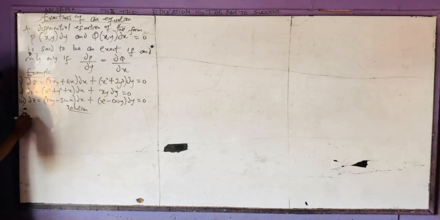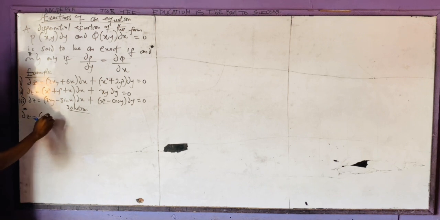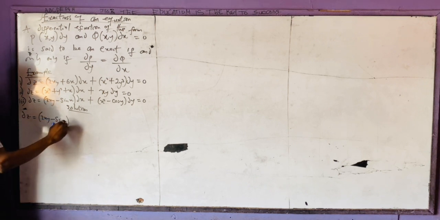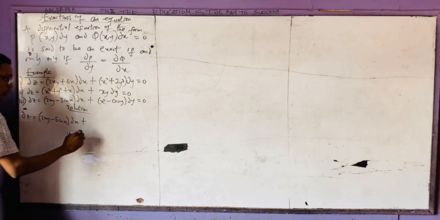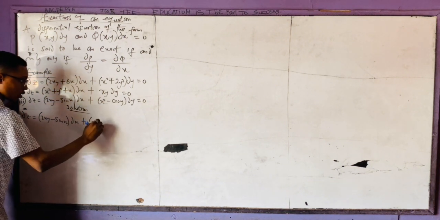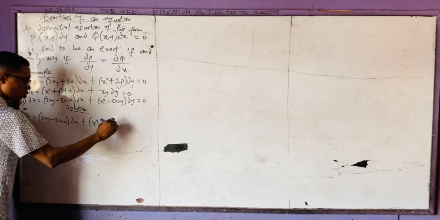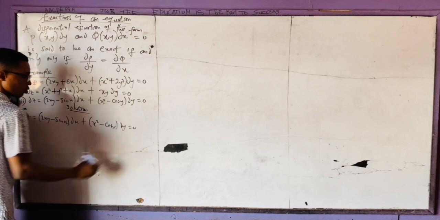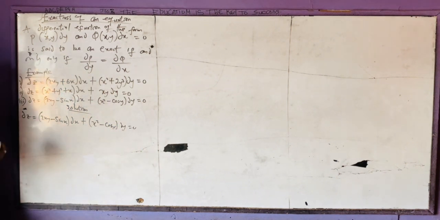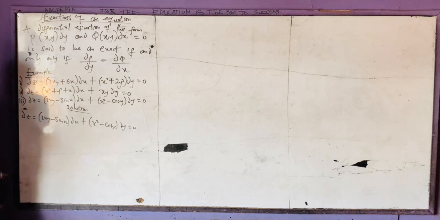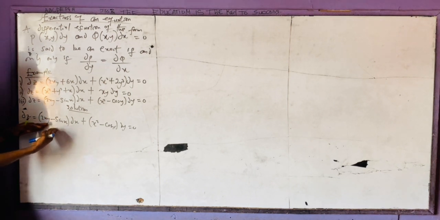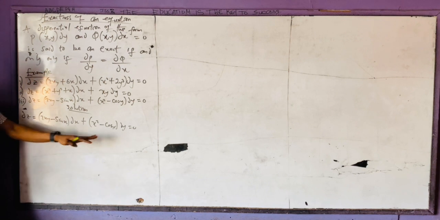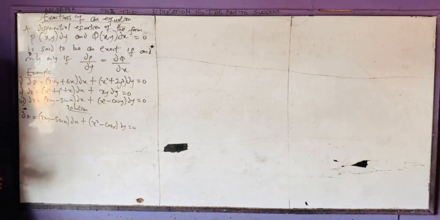So we have dz equals 2xy minus sine x dx plus x squared minus cos y dy equals 0. So we follow the normal process where this is p and this is q, then we differentiate p with respect to y, and we differentiate q with respect to x.